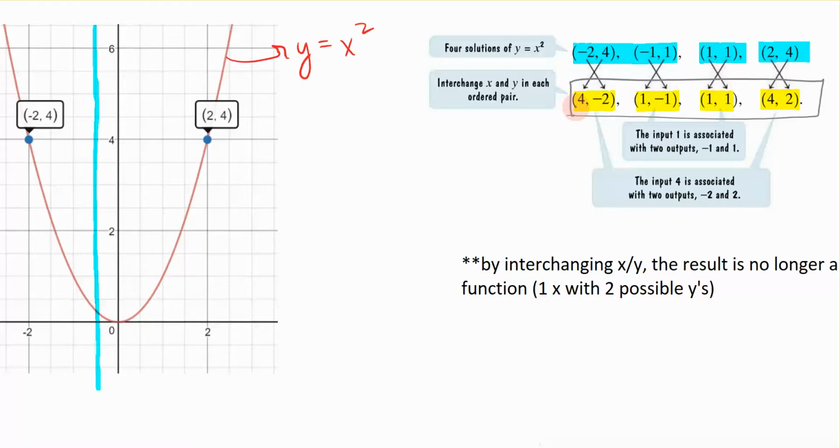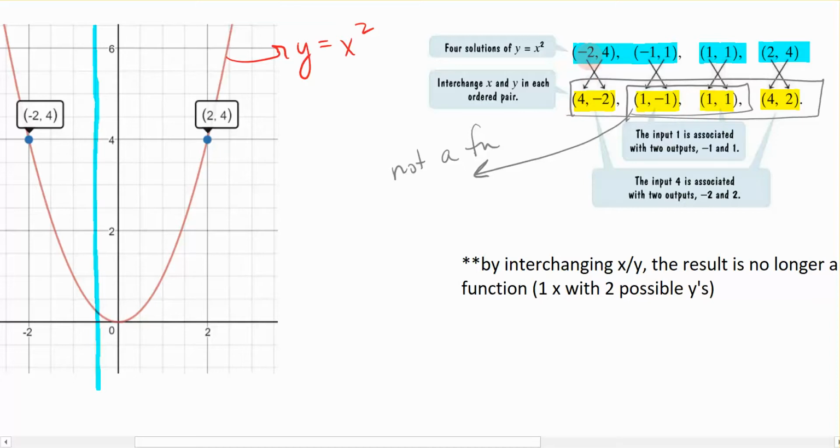Now, we want to remember, looking at just ordered pairs here, that these two ordered pairs in this center part right here threw this set of ordered pairs out of being a function. In other words, my highlighted yellow terms here are not considered a function because, remember, we want one y for each x. Here I have an x of 1 and another x of 1, and when I put a value in for x, I'm supposed to know what that value is coming out for y, and I don't have that happening here.